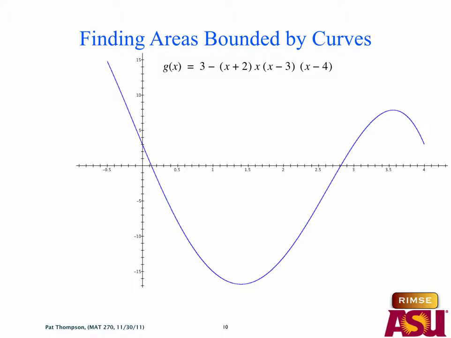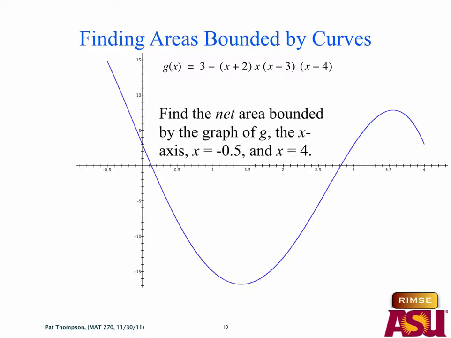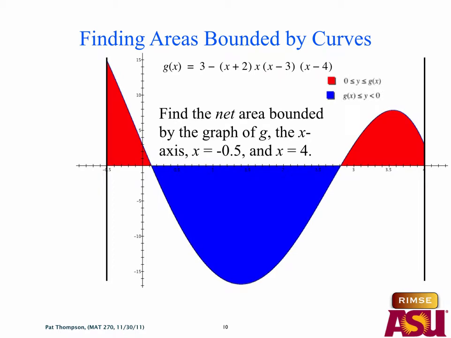So the most common time that you'll see this is when you're asked to find areas bounded by curves. If I wanted to find the net area bounded by the graph of g, the x-axis, and two vertical lines, x equals -1/2 and x equals 4, that's going to look like this.